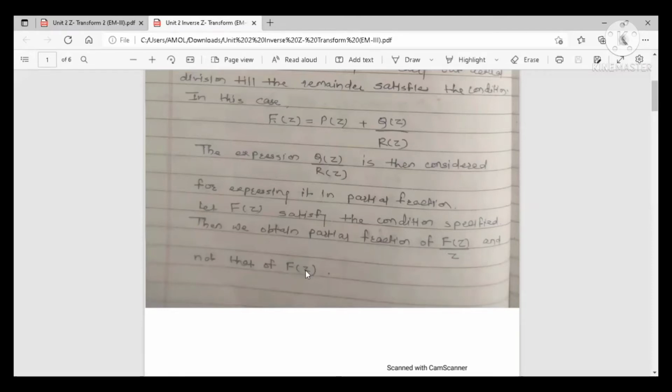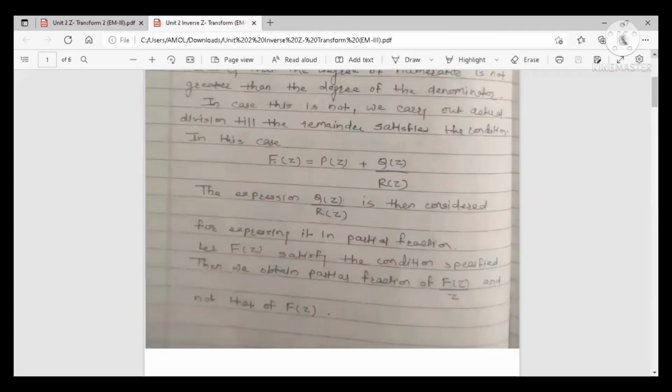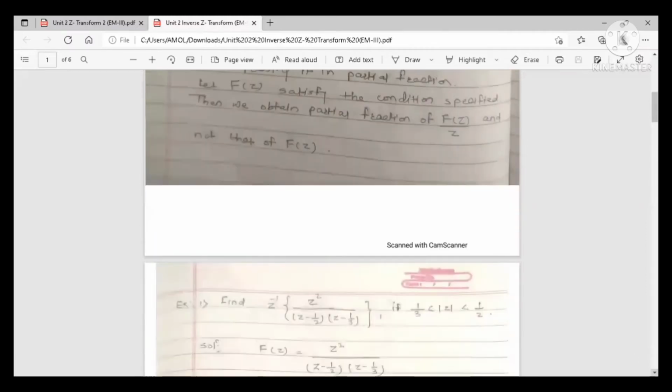You remember one thing: after satisfying the specified condition, if the degree of the numerator is less than the degree of the denominator, then we can perform the actual partial fraction method, and in that method we obtain the partial fraction of f of z upon z and not that of f of z. Remember this.